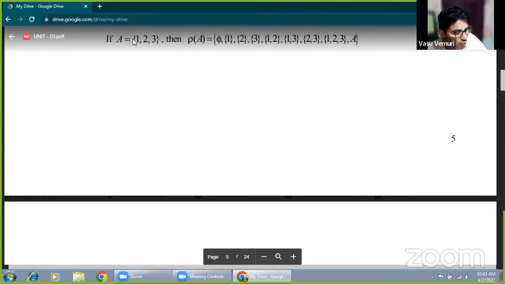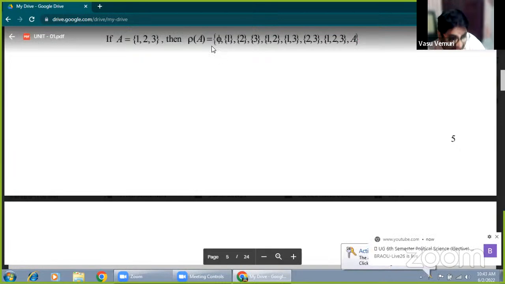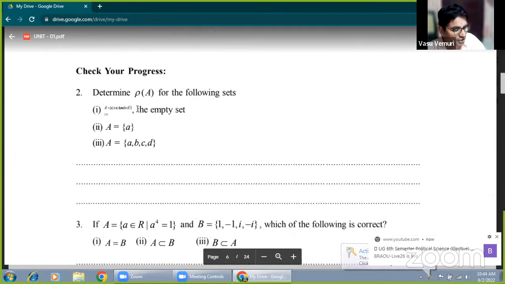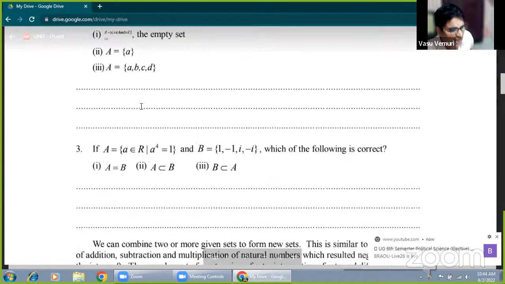Finally {1, 2, 3}, the set A itself. Now these are all the power set representation. This is also a good example.